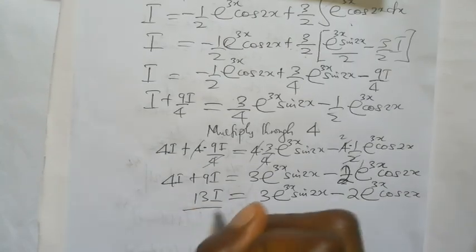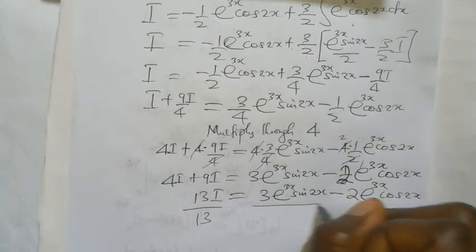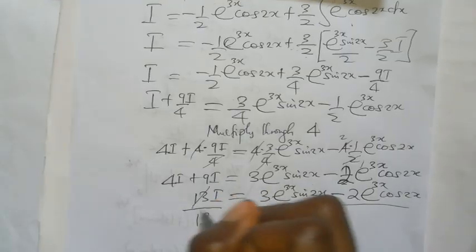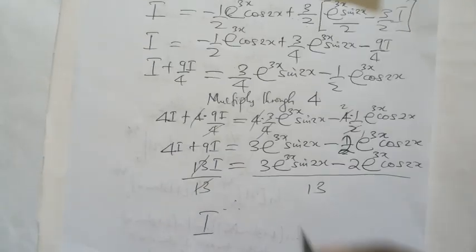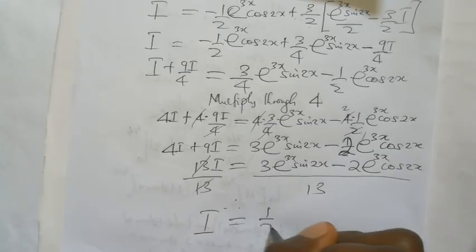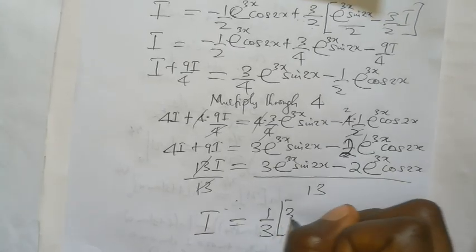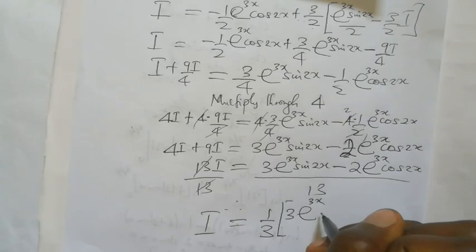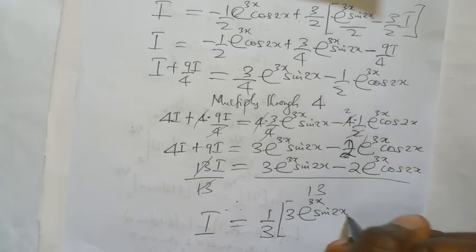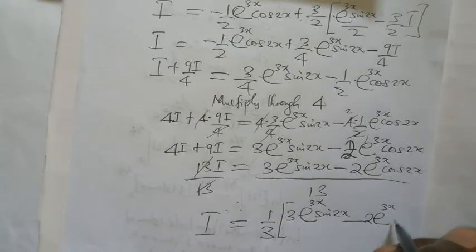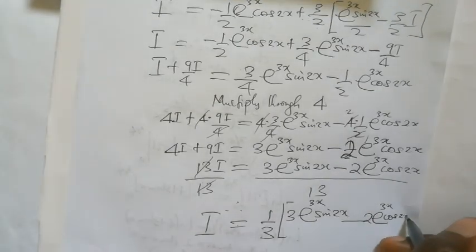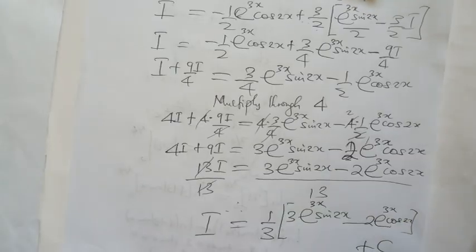So let's divide both sides by 13. So therefore our I now is going to be 1 over 13 bracket 3e to the power of 3x sine 2x minus 2e to the power of 3x cos 2x plus c.